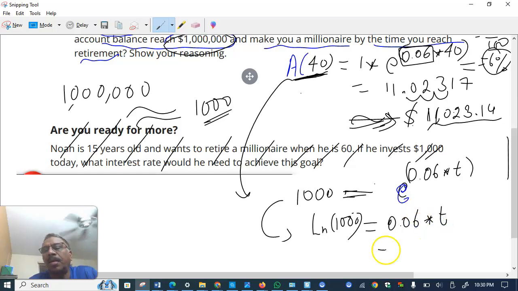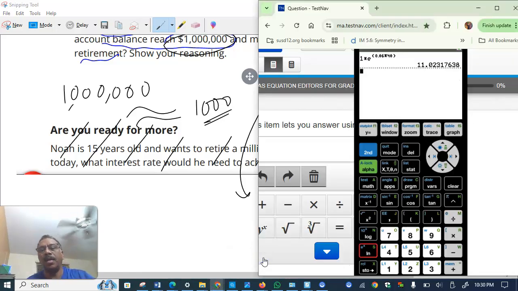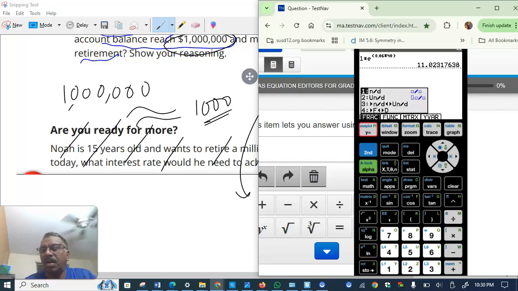Then you divide this by 0.06 and put this on the calculator. I think I have to check this. What is that answer?